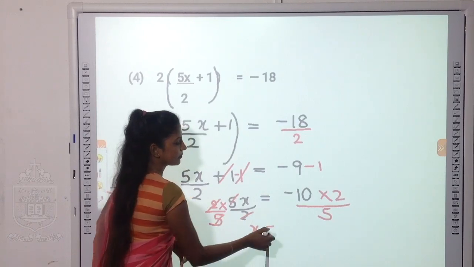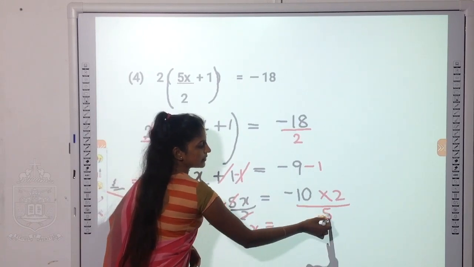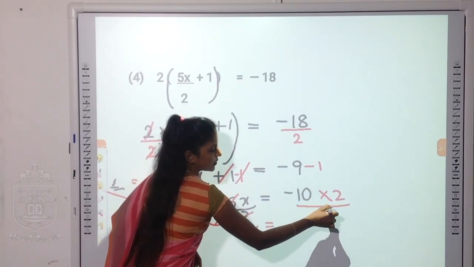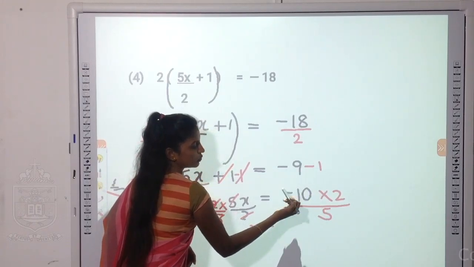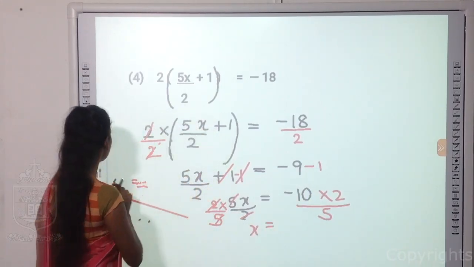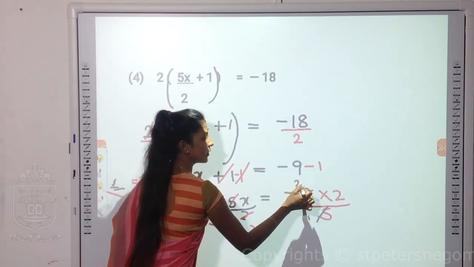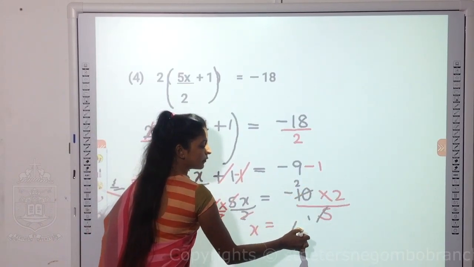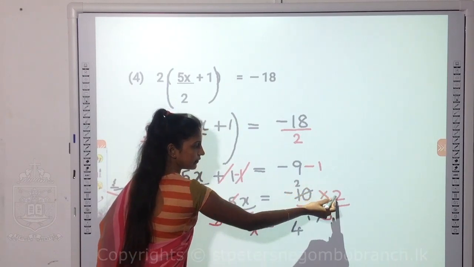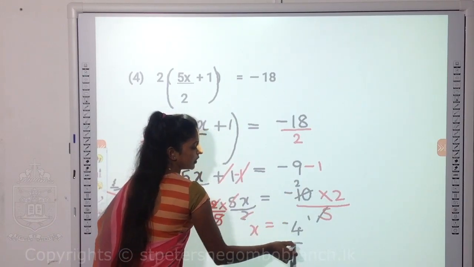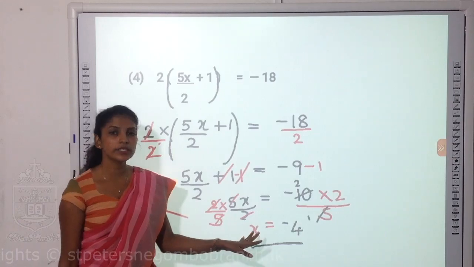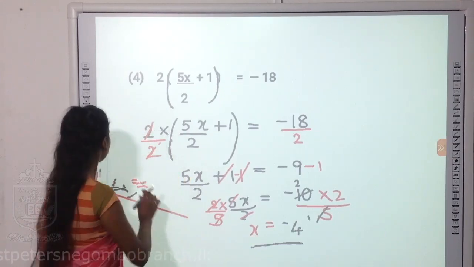X equals, right? You can see 5 times 1, 5, and 5 times 2, 10. Right? So you can cut it and get the answer. 2 times 2 answer is 4, but you can see negative, positive. So what will be the answer? It's a negative answer. X equals minus 4 is the answer.